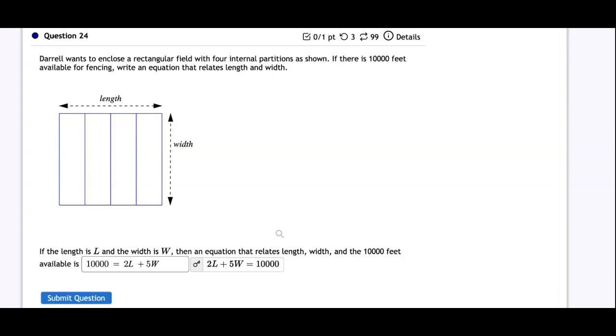Okay. If the review doesn't have a quadratic equation, you don't have to worry about a quadratic equation then. Let's go for 28.